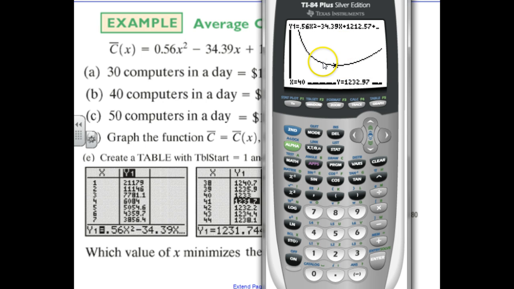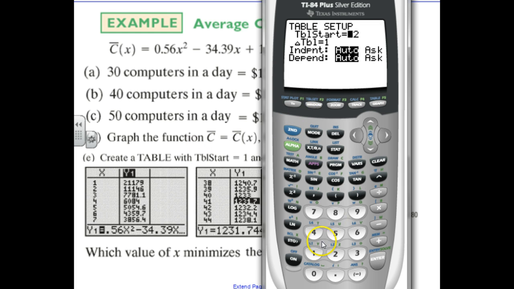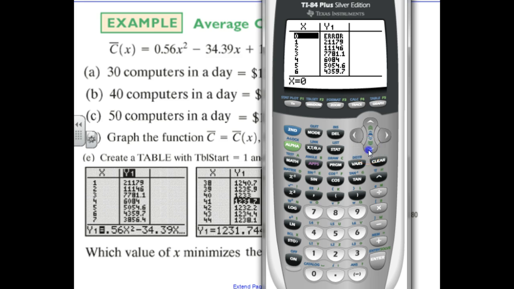I want to show you how to find the minimum. We could use the table setup. If you go to table setup and start at 0 and go by increments of 1, you could hunt around for the smallest y value. Following along on the x's, you can see that I'm going from 1,400 to 1,300, so it looks like I'm still decreasing. 1,200, but now it's going back up again.